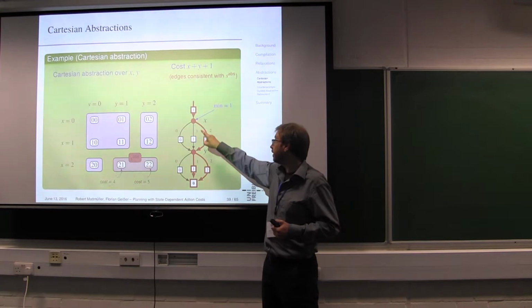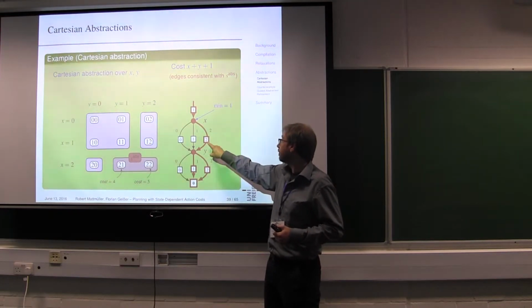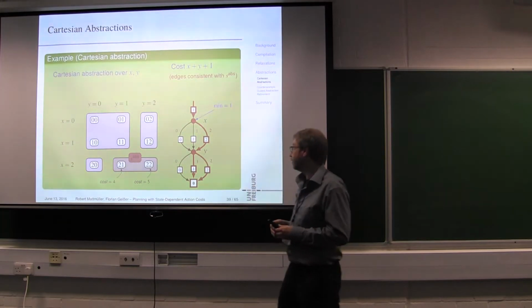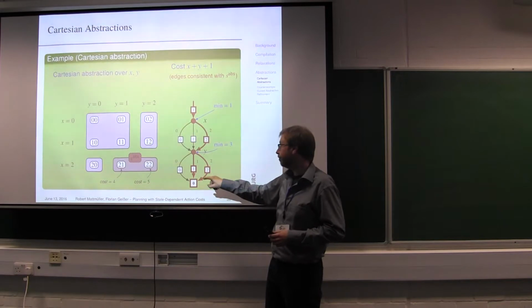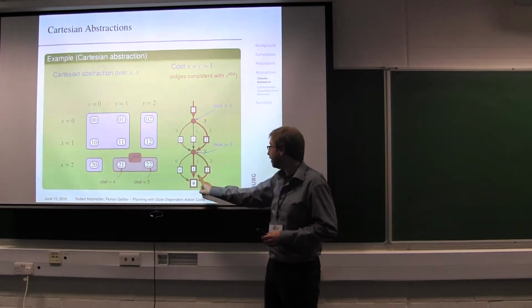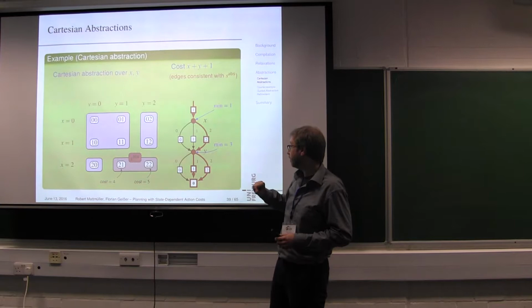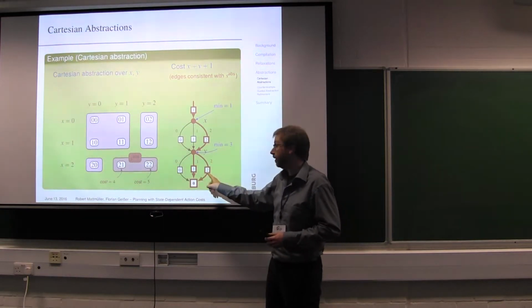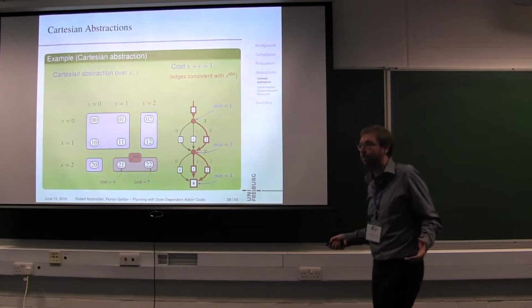Again, there's only one possibility. We can come from here with an additional cost of 2. So 2 plus 1 is 3, and that's also the minimum here. And at this point down here, now we have 2 choices. We have to come from this decision node, but along 2 different edges, this one and this one. So we always get cost of 3 from here, but either plus 1 or plus 2. Plus 1 is cheaper. So that's the minimum we get.